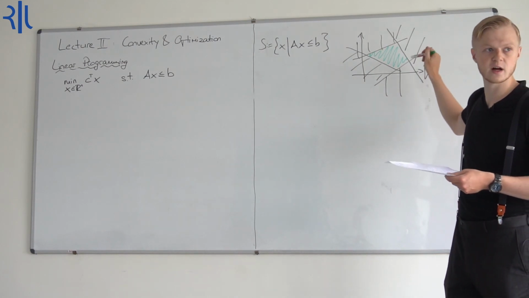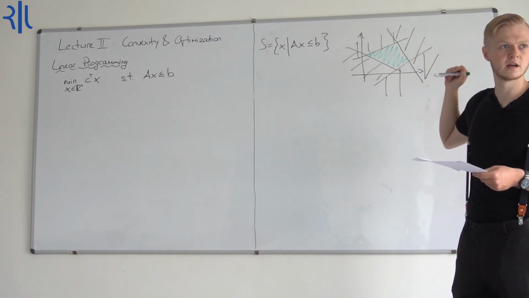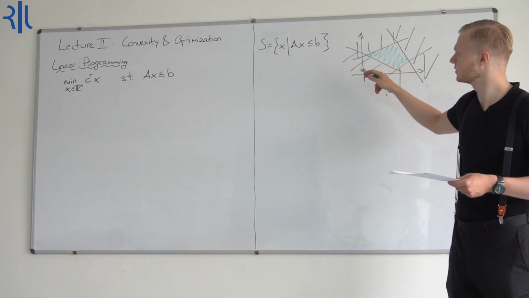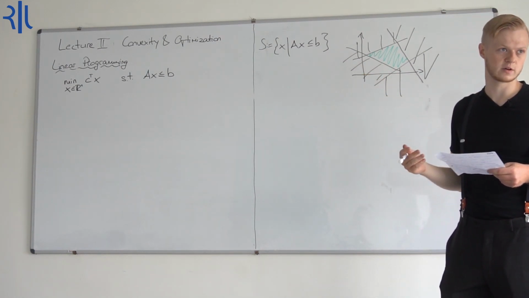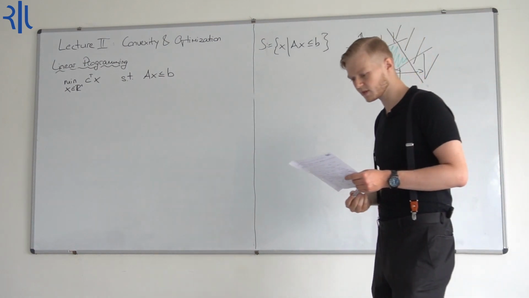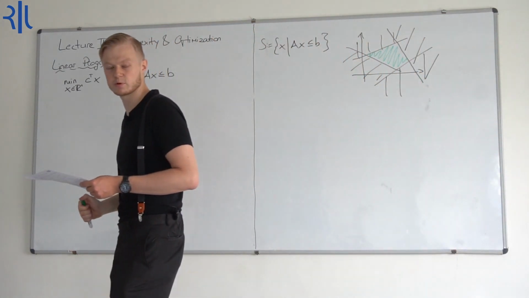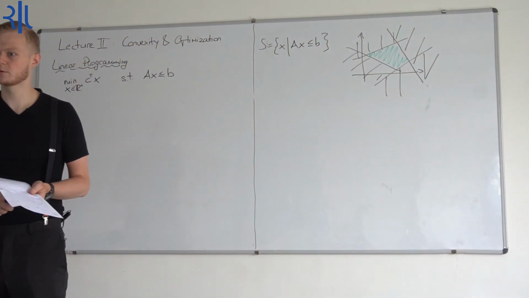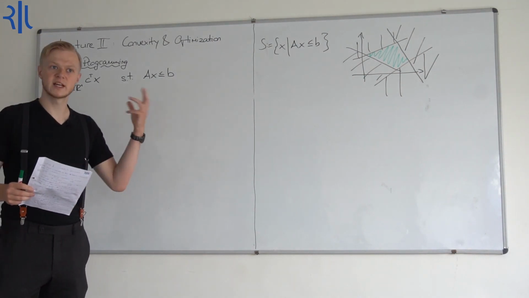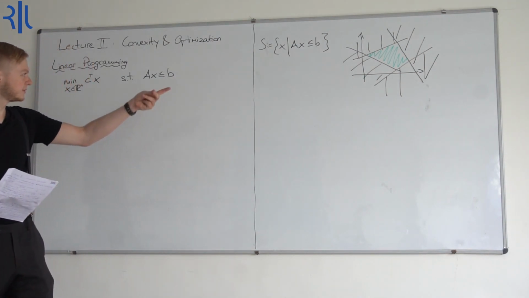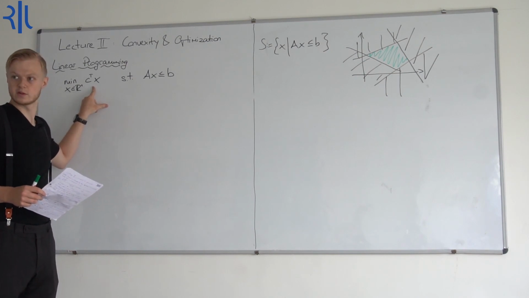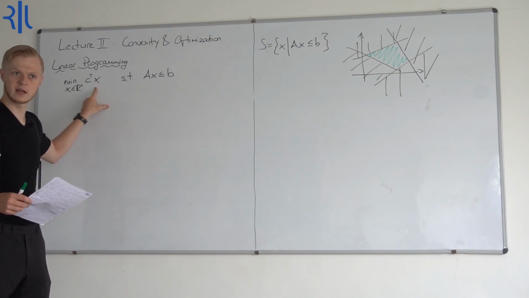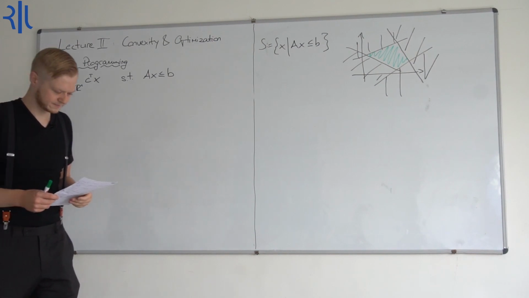Because we know that half spaces are convex sets, we know that the polyhedron, which is the intersection of half spaces, will also be a convex set. So we have what we call a convex optimization problem here. The feasible set is convex, as we've just argued, and we also have a linear function, which is also convex. So everything in our problem is convex.